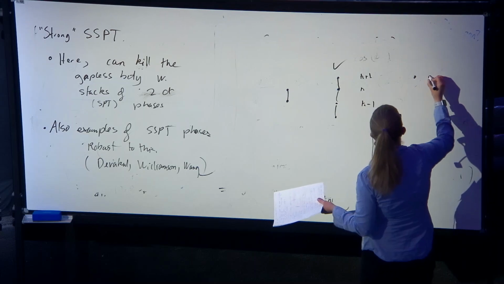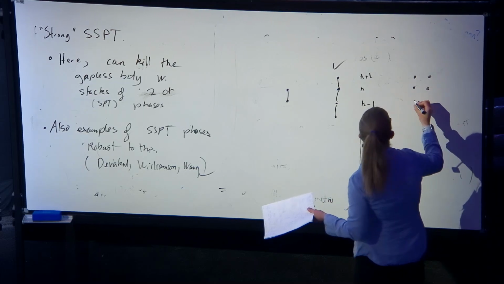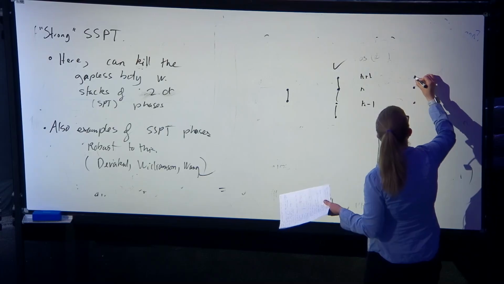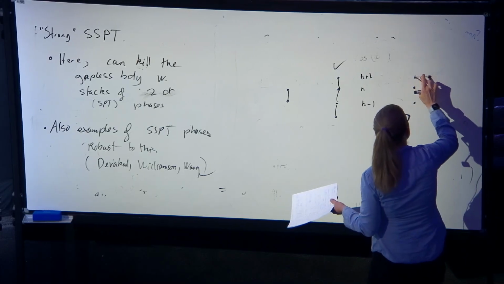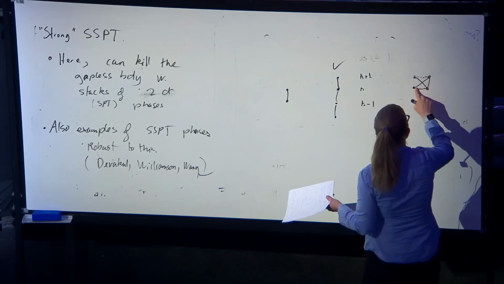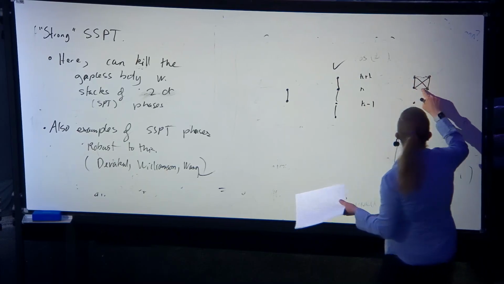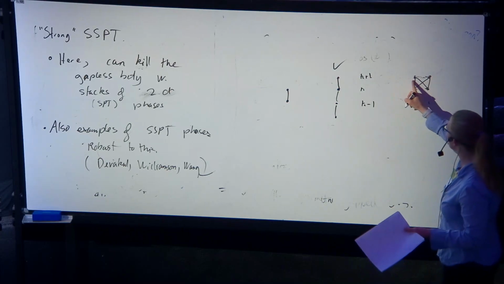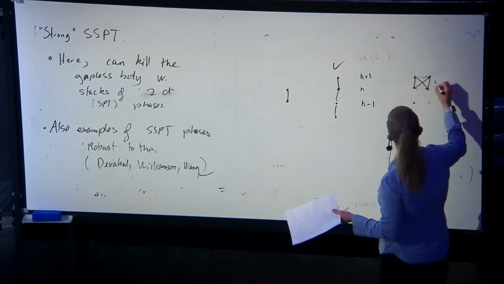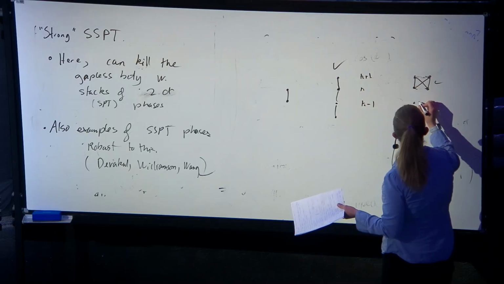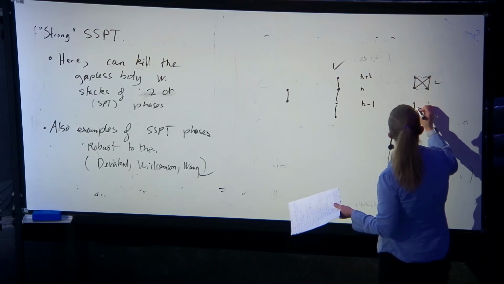If maybe I have two different symmetries on each layer, this kind of cross pattern is okay. But for, say, a Z2 symmetry, I have to have an even number of lines coming out of each site. So this is okay. What's not okay would be something where I end this line.